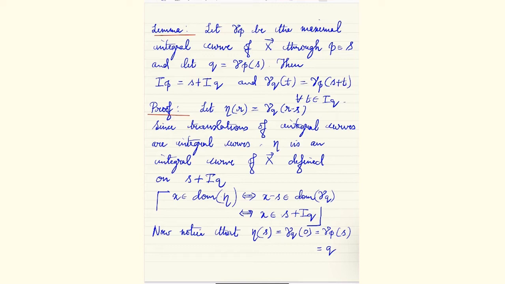They patch together to give a bigger one. So by the previous result, eta is the same as gamma P on the intersection of their domains, which is S plus IQ and IP.